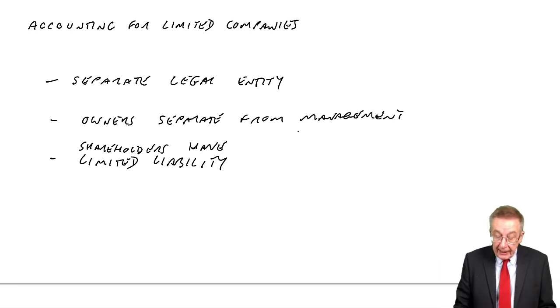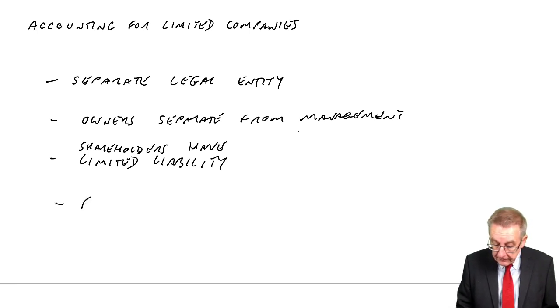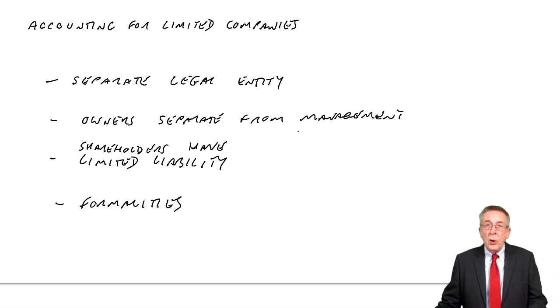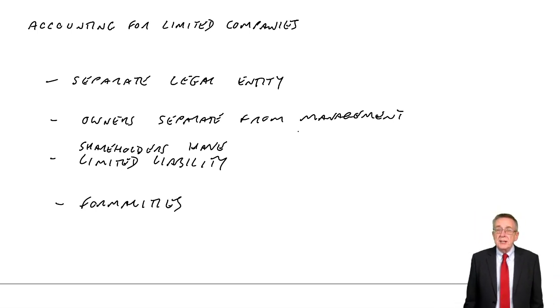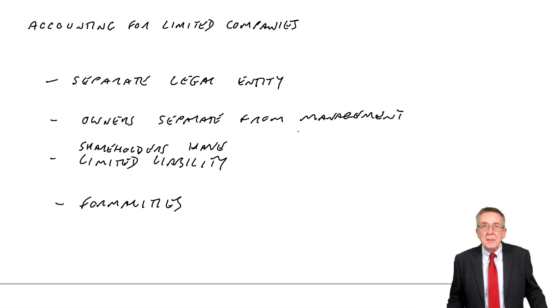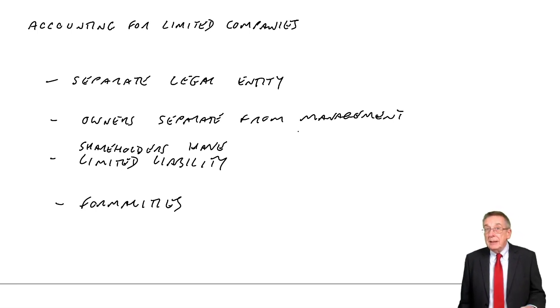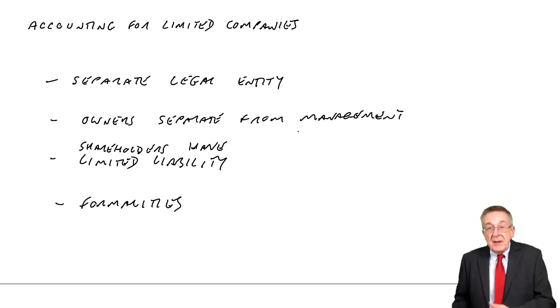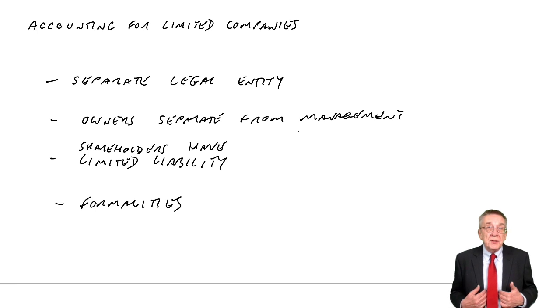And mainly for that reason, there are many more formalities involved. More laws, more rules relating to limited companies. You see, a sole trader, if you trade with me as a sole trader, if you sell me goods, you know that if the business doesn't pay, you can take me to court.